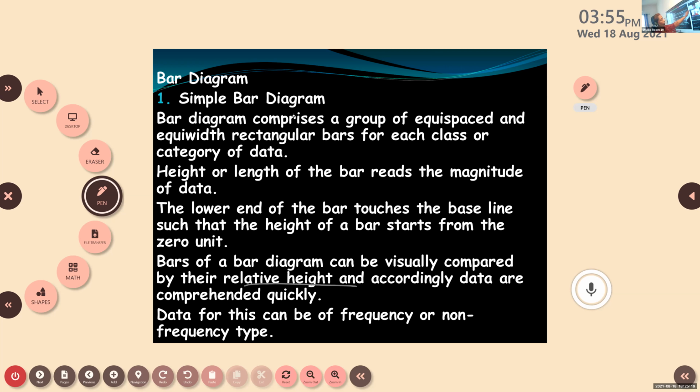What do you mean by frequency data, Akshay? Can you say? Frequency data shows the number of times the data value occurs. Okay. What do you mean by non-frequency data, Sayuja? Do you know? It does not represent data according to the value.